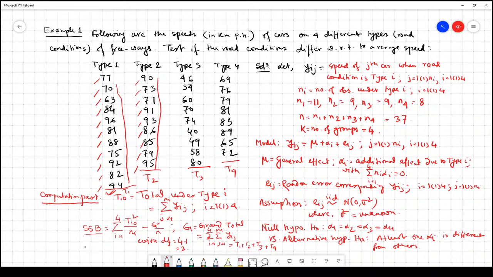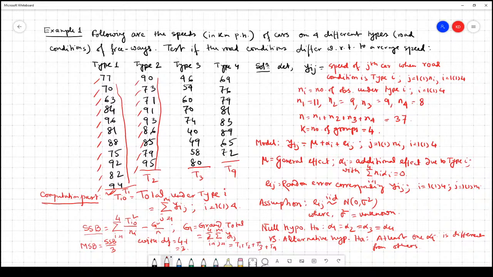Similarly you compute MSB, which is equal to SSB divided by the corresponding degrees of freedom, that is 3.